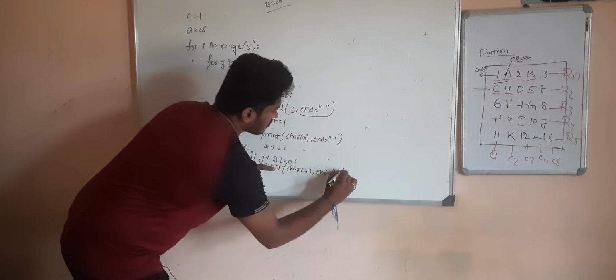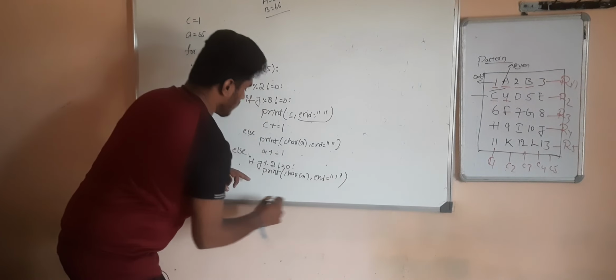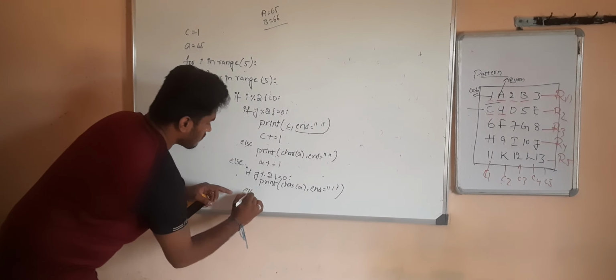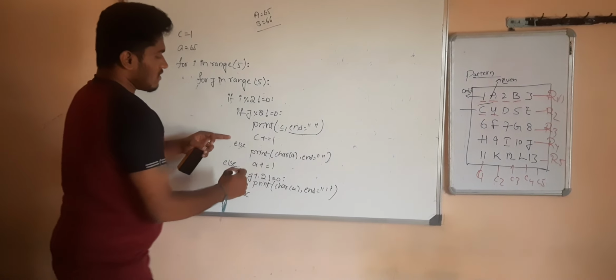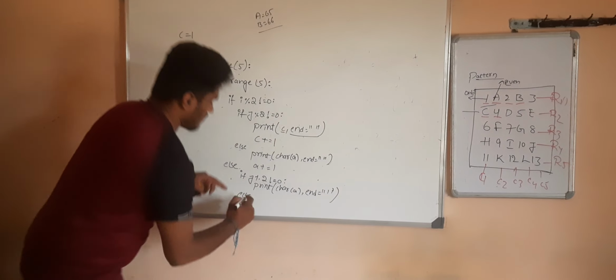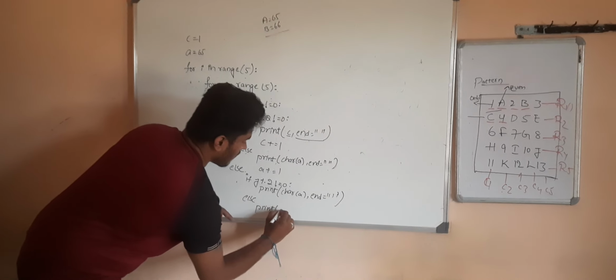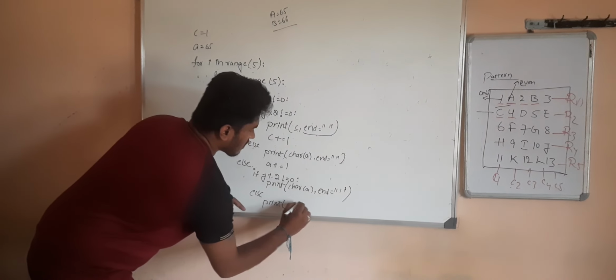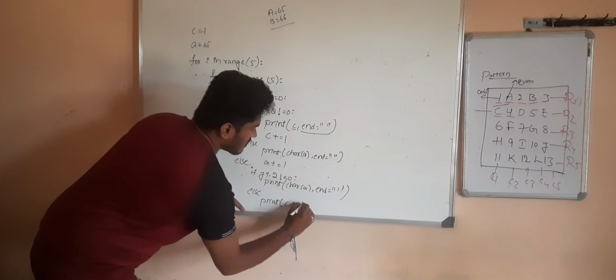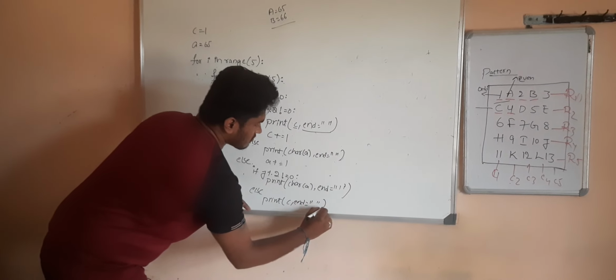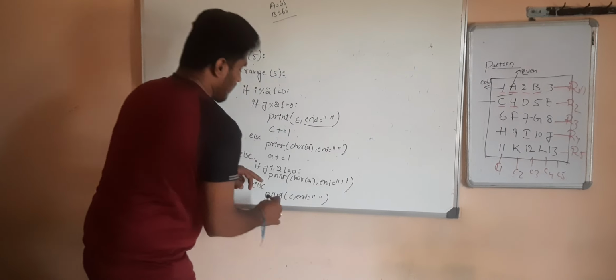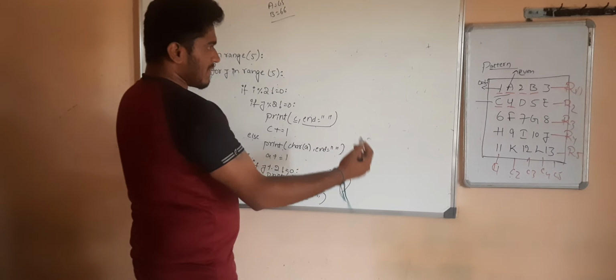end equals to, likewise. Else I am going to print this one, C, print C, comma, end equals to double quotes. Likewise, here also we need to increment the value.